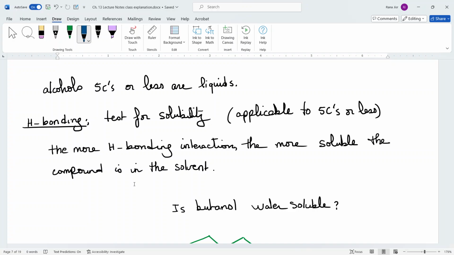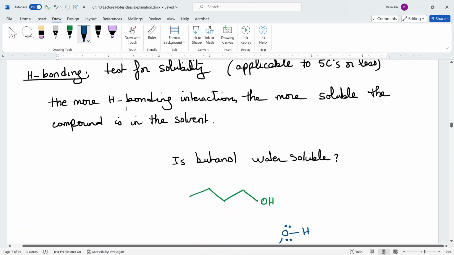What's going to determine if the compound is soluble or not is the number of carbons first. If it is 5 carbons or less, then it is going to be water soluble. But to be water soluble, I need the presence of the hydrogen bonding. More than 5 carbons, it is not water soluble, even if I have hydrogen bonding.